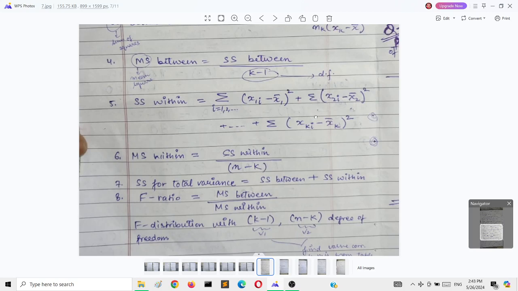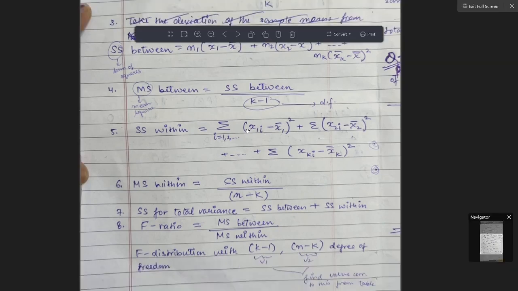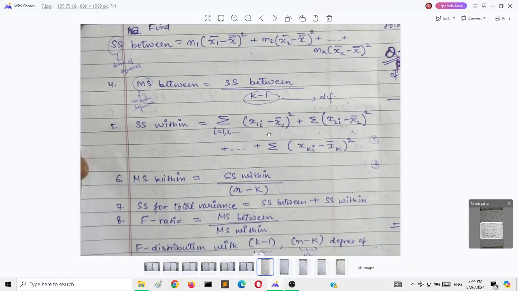So what you are doing is that SS within is calculated in this fashion. Let's consider the first sample, and in the first sample we are taking up all the examples.